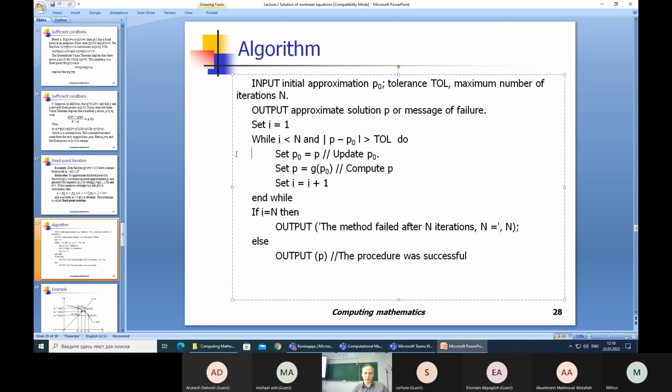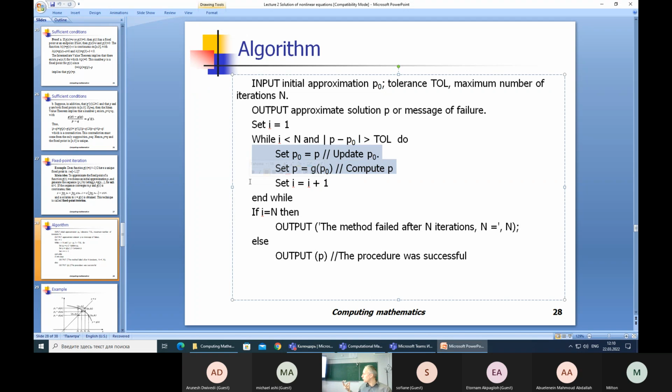just two main steps. We update the value of p0 and we compute the new value of p. Of course, on the board I can write p1, p2, p3, and so on, the sequence of the values.